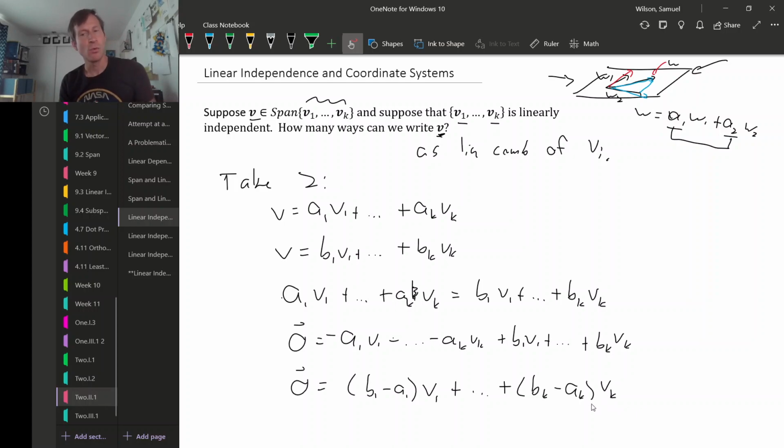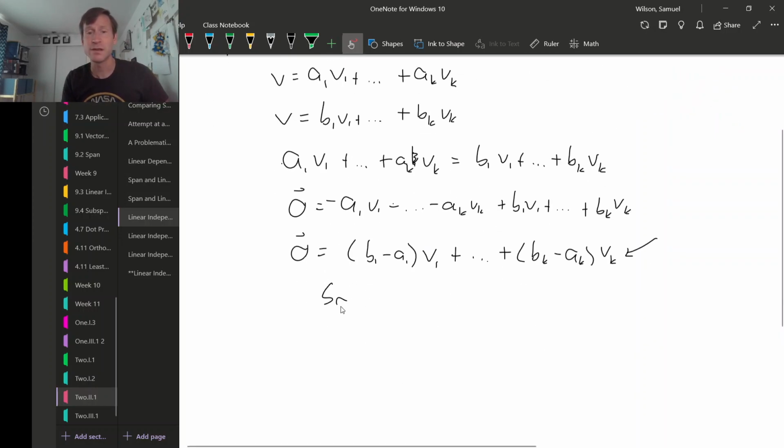Wait a second. Look at this. Here we have a linear dependence relationship among the v's, but we assumed that the v's are linearly independent. So this has to be the trivial linear dependence relationship. That means b1 minus a1 has to be equal to 0, and b2 minus a2 has to be equal to 0, and so on, all the way down to bk minus ak has to be equal to 0.